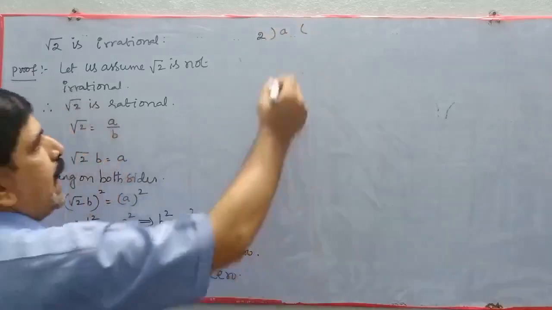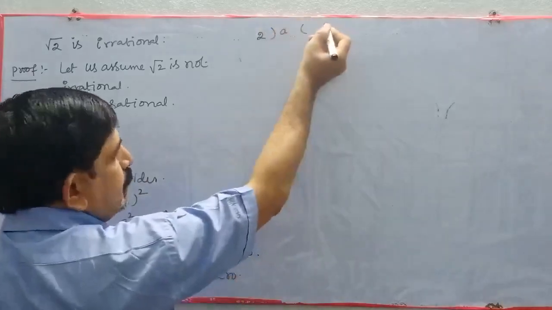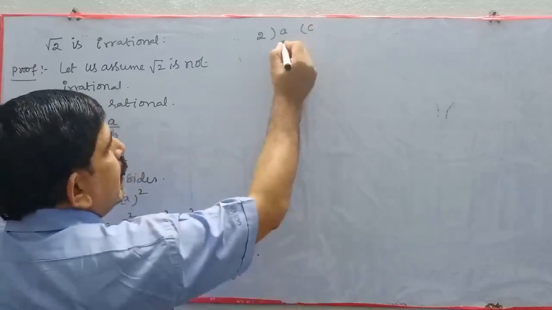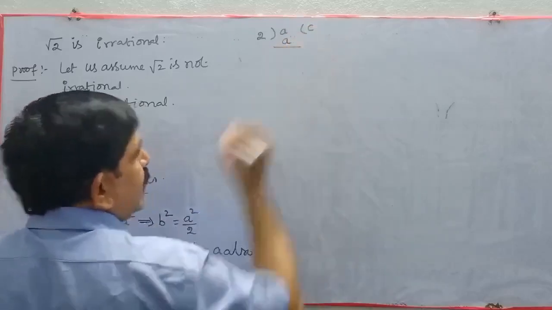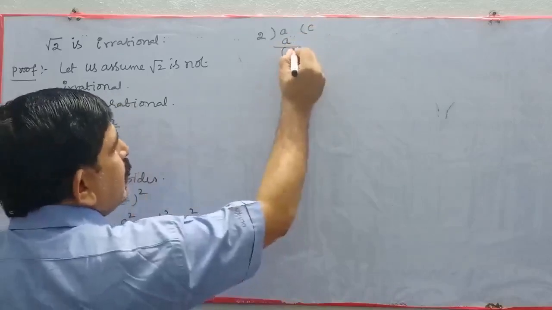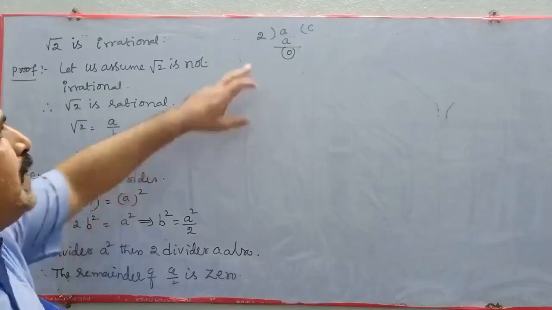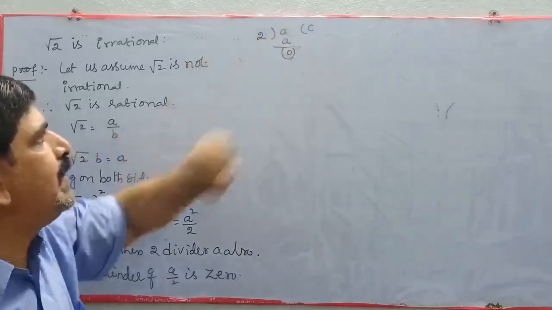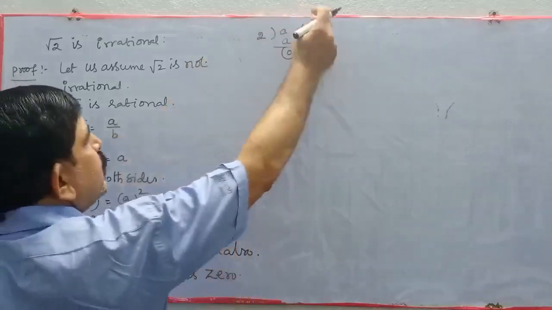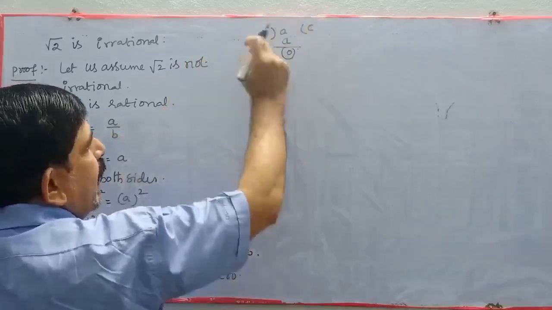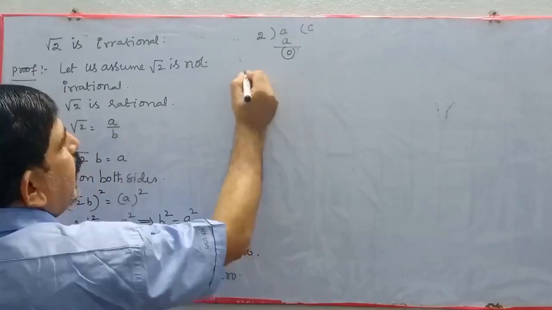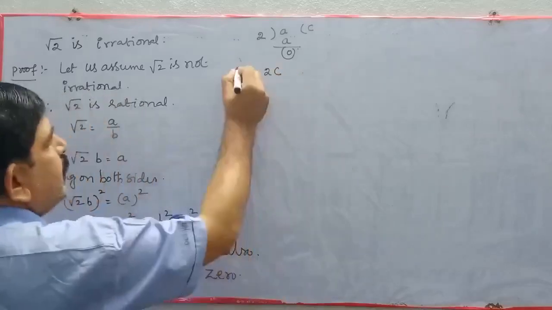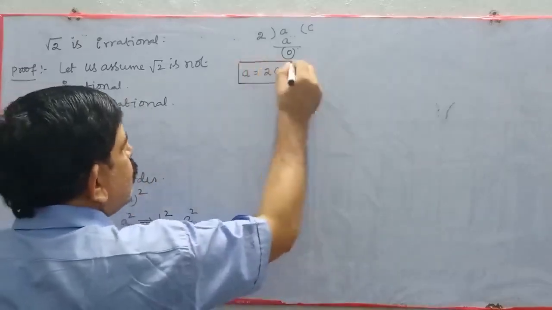Now how many times we don't know. So let us suppose that quotient is c, and its remainder is 0. According to the division rule, divisor into quotient plus remainder is equal to dividend. Therefore, 2 into c plus 0 is equal to a. Therefore, 2c is equal to a, or a is equal to 2c.